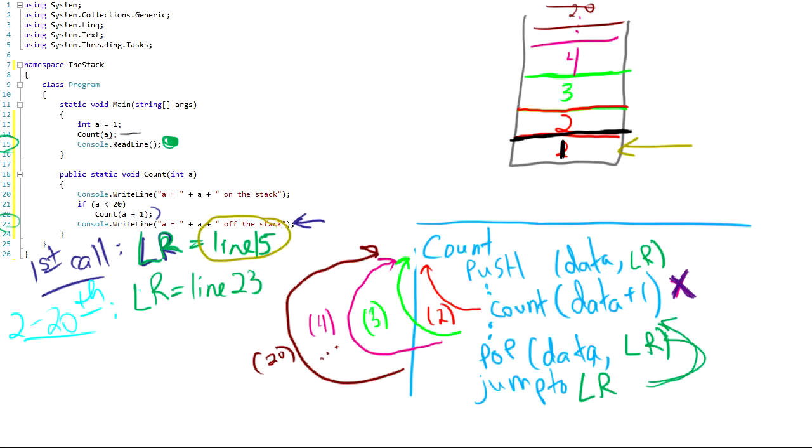So now, that's pretty much all I have to say. Hopefully this shows you why first we come here and print out the numbers 1 through 20, but then we keep calling and we count up to 20, and after we get done with all these method calls, we have to keep coming back out of those previous method calls and popping stuff off of the stack.